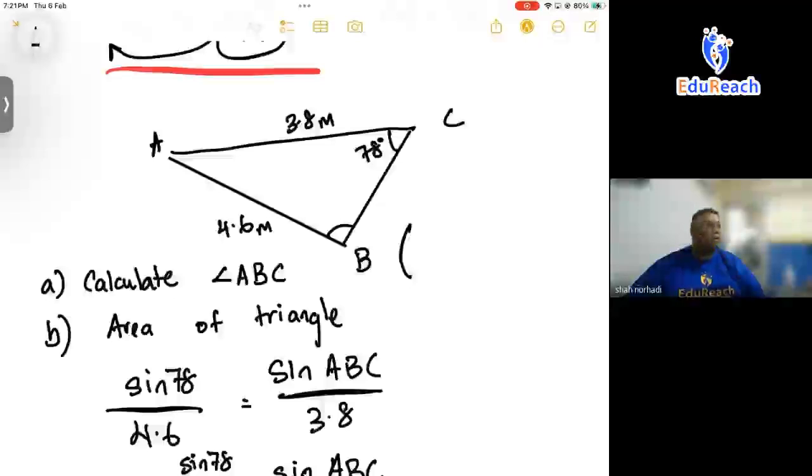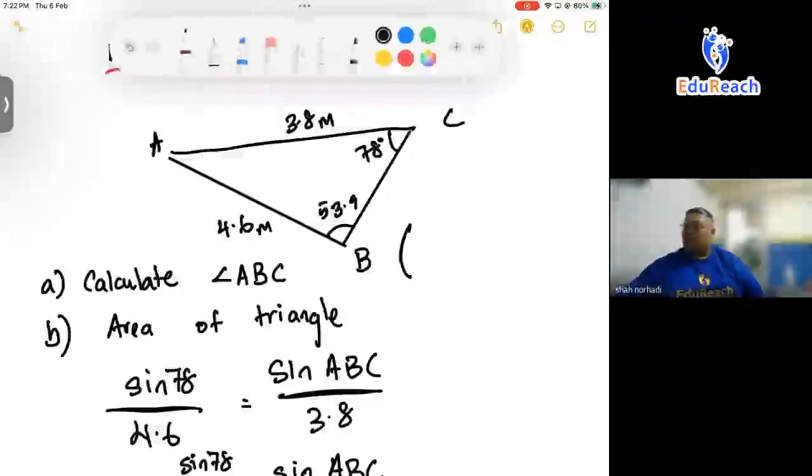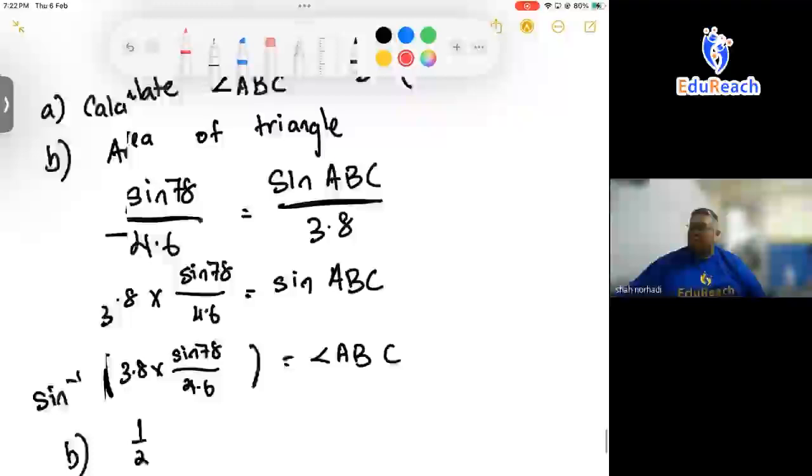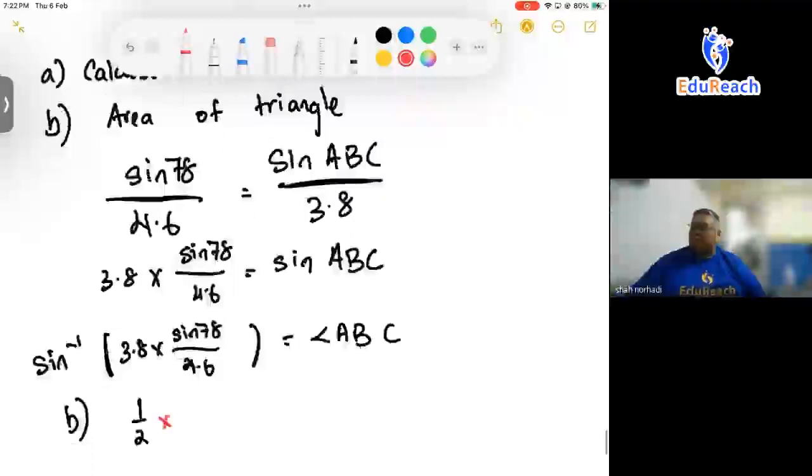Angle ABC. 53 point... Good. Then you will be able to find this, right? 48.1. Then after that, you use half AB sine C. So you're going to use 4.6 times 3.8 times sine 48.1.